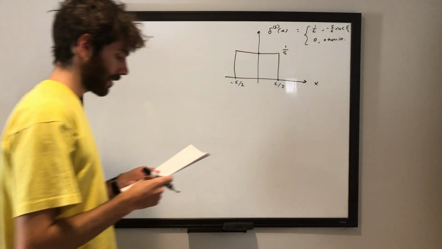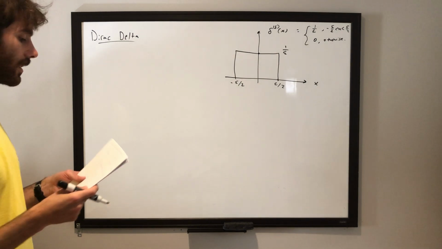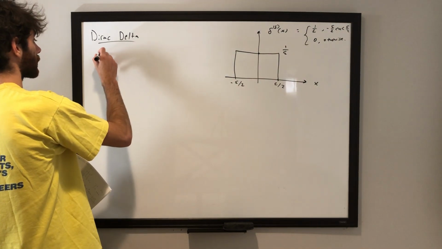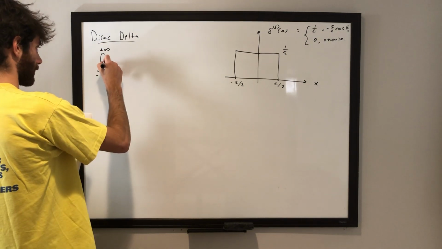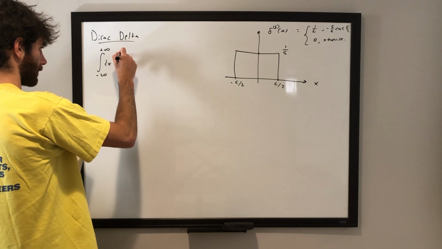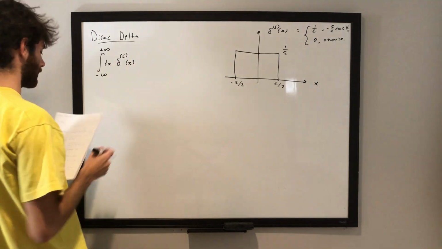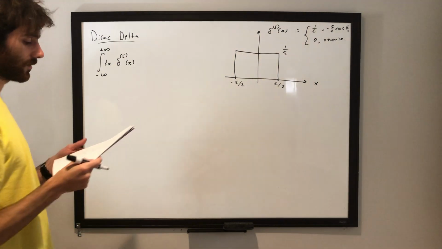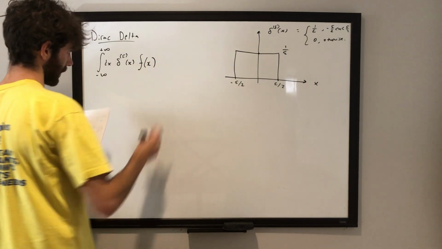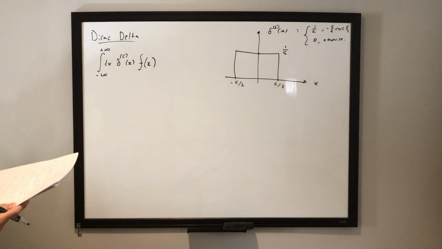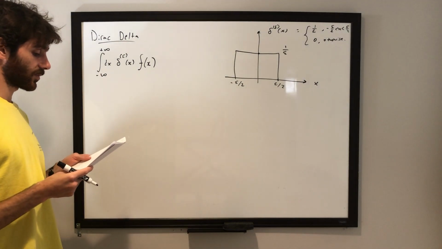What we would like to do is try to evaluate an integral of the form, from minus to plus infinity with respect to x, of this delta function. This isn't the Dirac delta yet, but it's the precursor to it, multiplied by some arbitrary smooth function f of x. The Dirac delta function often appears under integral signs, and so that's how we'll approach this problem.